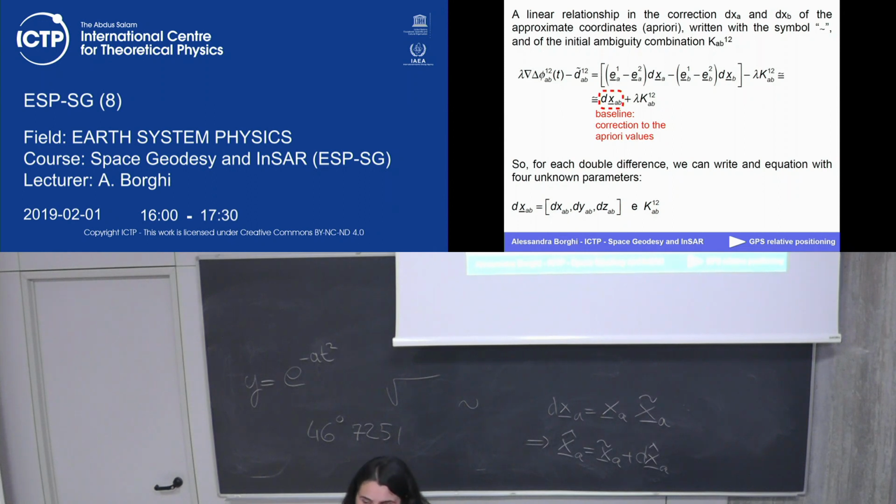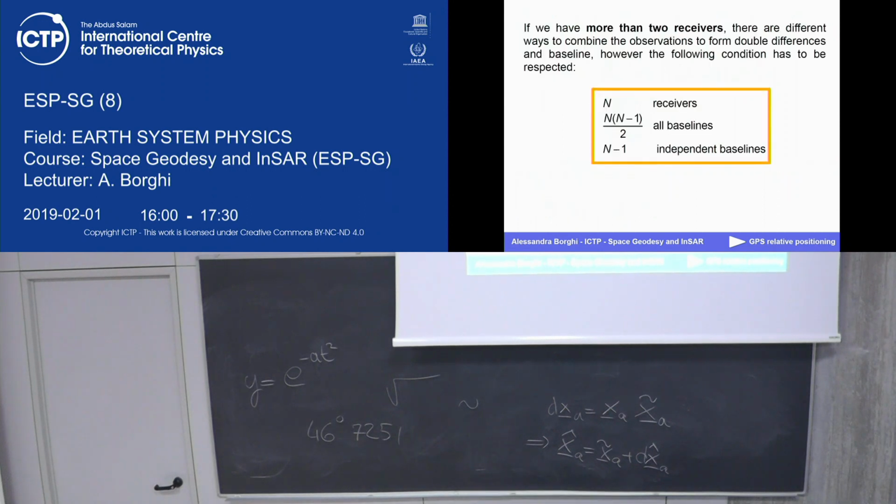In this case, the correction to the baseline component. And okay. So at the end of this, when we arrive at this equation, we can obtain the baseline component as the combination of ambiguity.